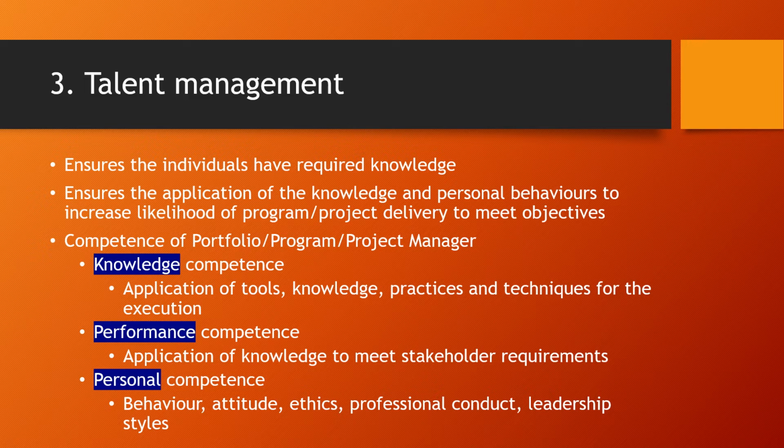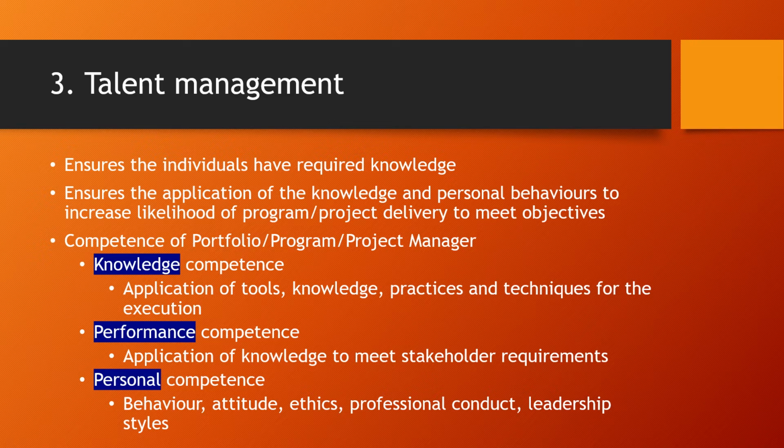The competence of portfolio, program and project managers includes three categories. There is knowledge competence, where people know how to apply tools, knowledge, practices and techniques for program execution. There is performance competence. People apply knowledge to meet stakeholders' requirements and deliver results.